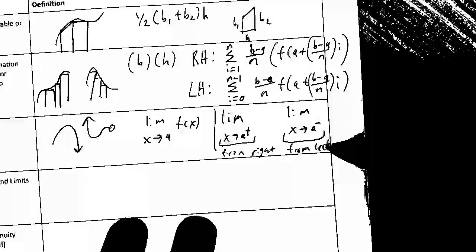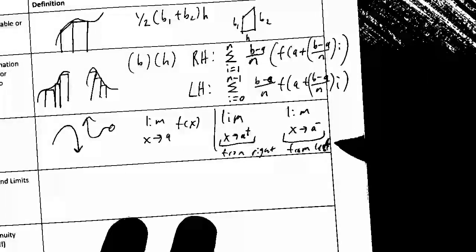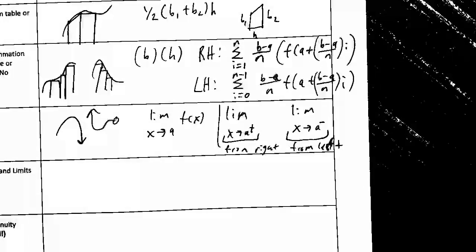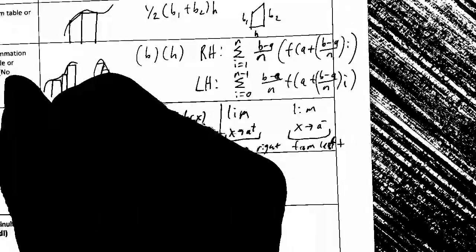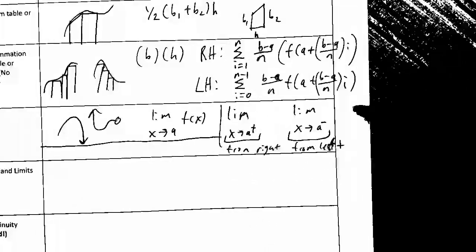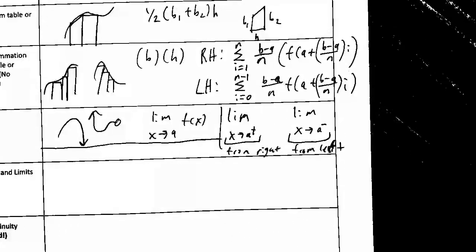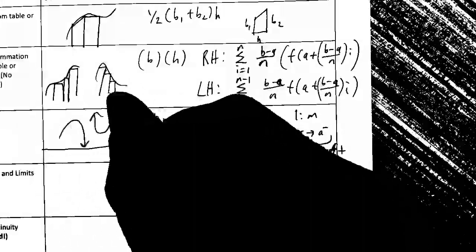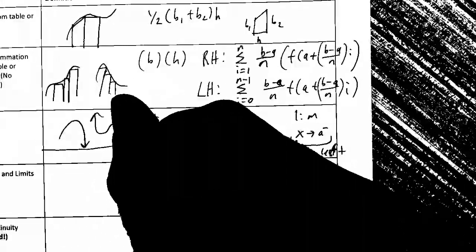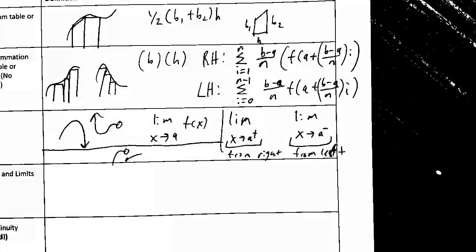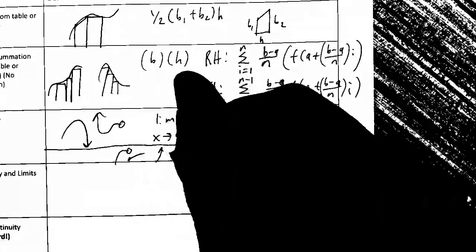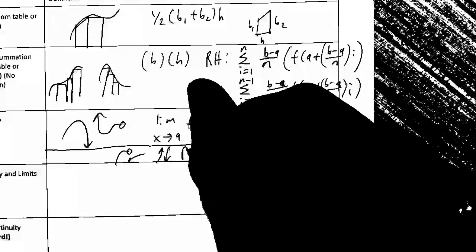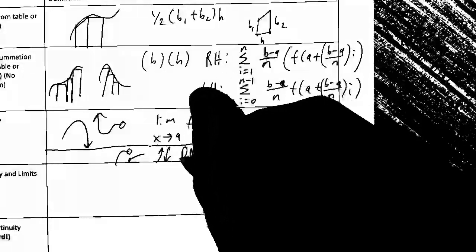The limit does not exist if what? What happens if the limit does not exist? If the limit from the left and the limit from the right don't match. They don't high five. So if you have a situation like this, that's DNE, or you have those asymptotes. These are DNE examples.